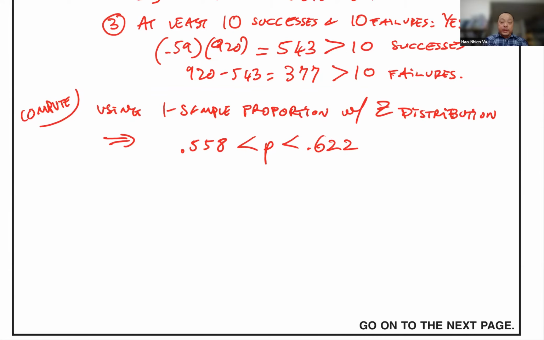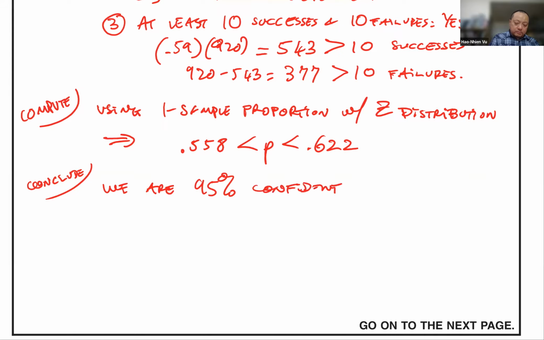Once you get the numerical answer, you should write your verbal conclusion in context. The verbal conclusion in context would include the variable and the population described verbally. By the way, this is necessary.